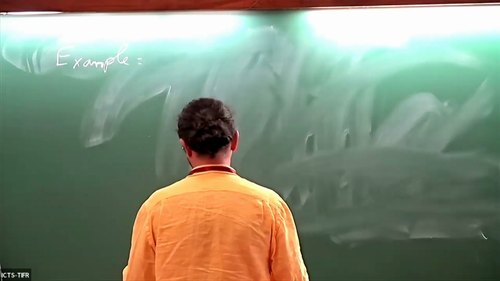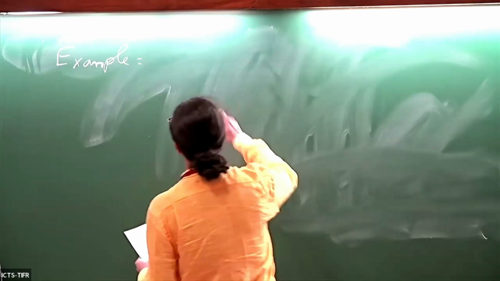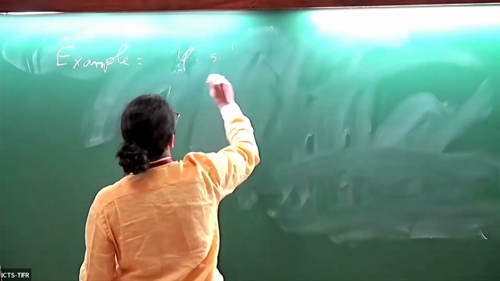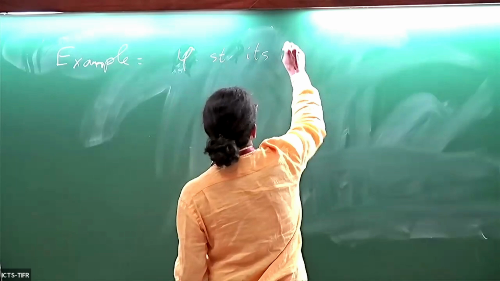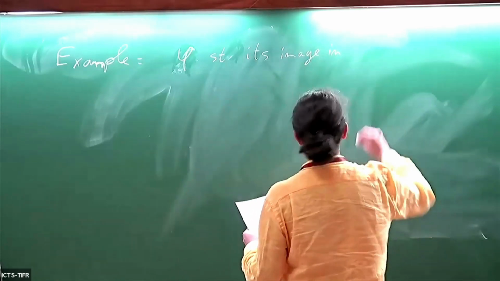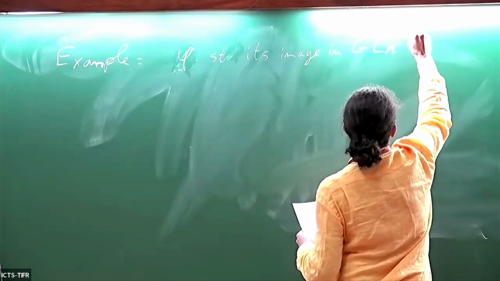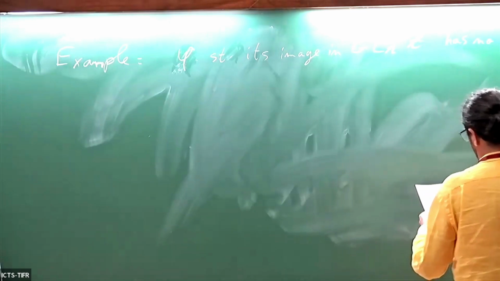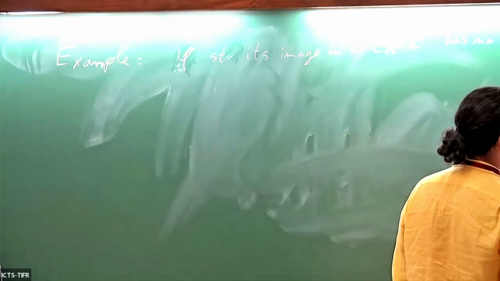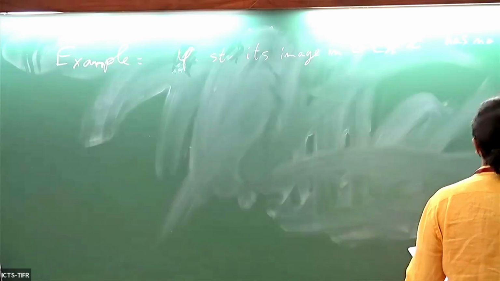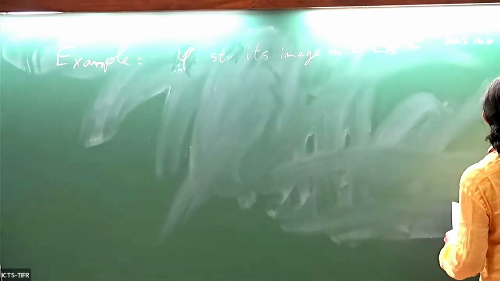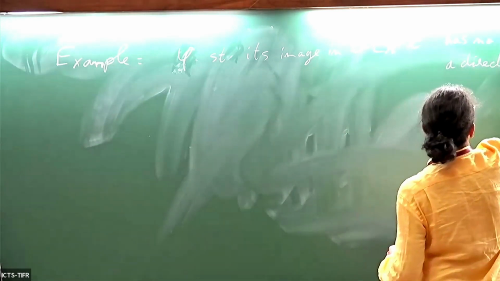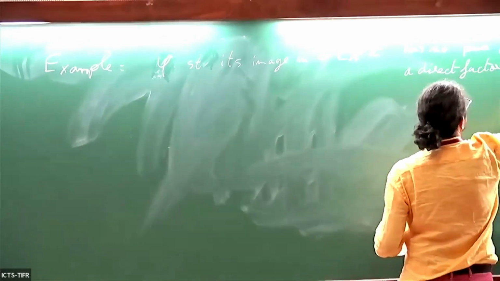So for example, phi such that its image in GL_r(Z) has no power preserving a direct factor in Z^r.